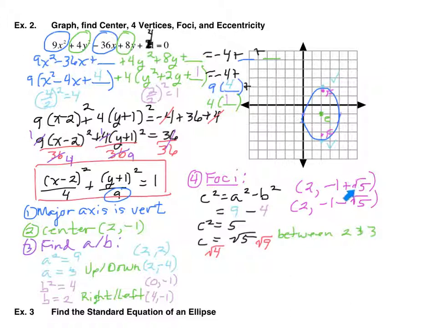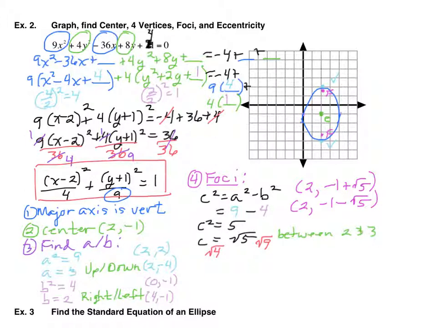But I want the exact answer, so we're going to use radical 5. Then from that -1, we went down or subtracted radical 5, which was that 2.5. Where's the -1 coming from? The -1 is the y value of the center, because that's where we started to go up and down from. Oh, I see. Does that make sense? Yeah.